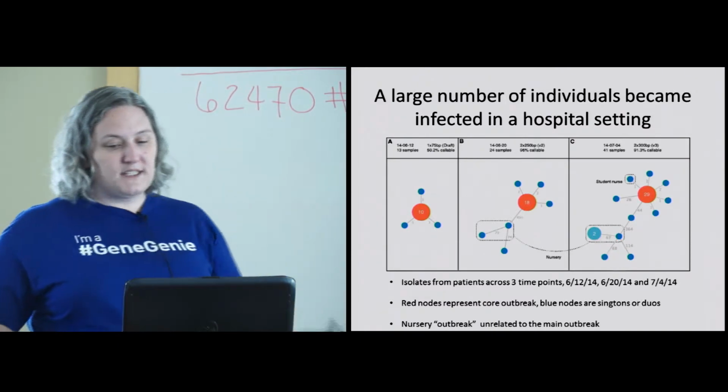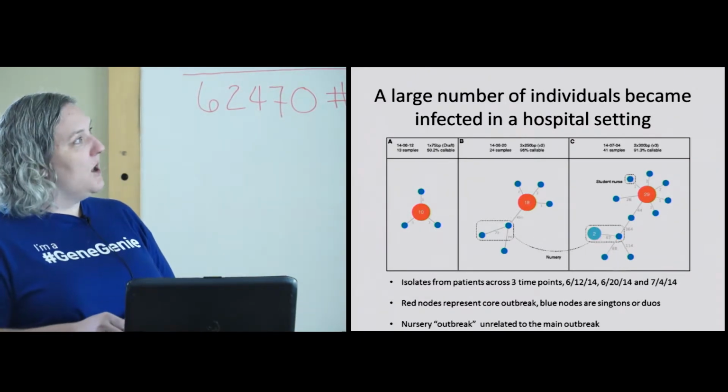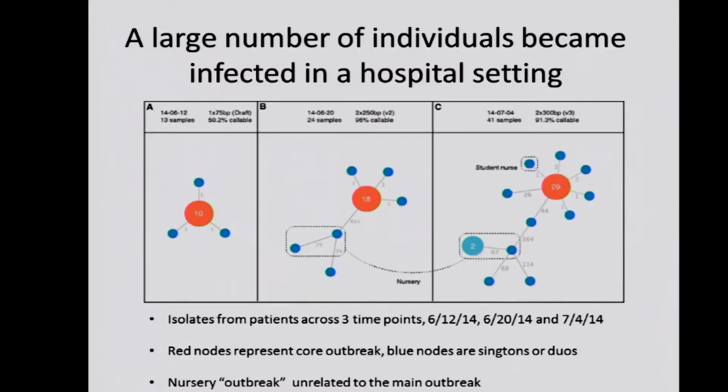Over the course of several weeks, we had a large number of cases. Ultimately, about 29 cases were acquired in the hospital over the course of several weeks. Each red node represents part of the core outbreak. These blue nodes represent non-outbreak people that were either possibly in the hospital or derived from the community.